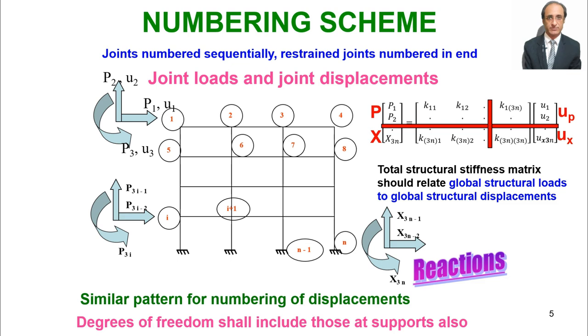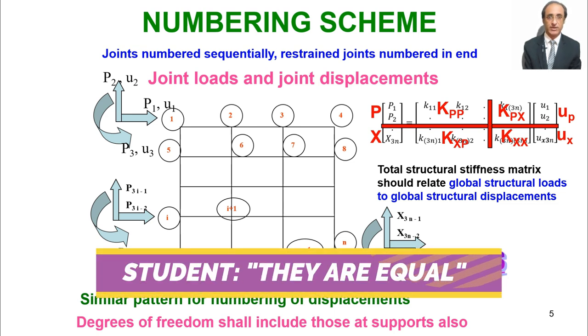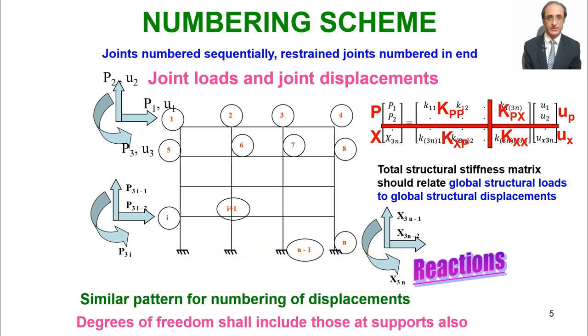So that way we do the partitioning, and we call this matrix KPP. We call this KPX, we call this KXP, and this KXX. So that partitioning we can do. And now what is the relation between KXP and KPX? They are transpose of each other.